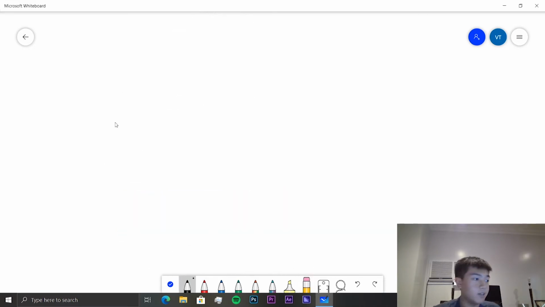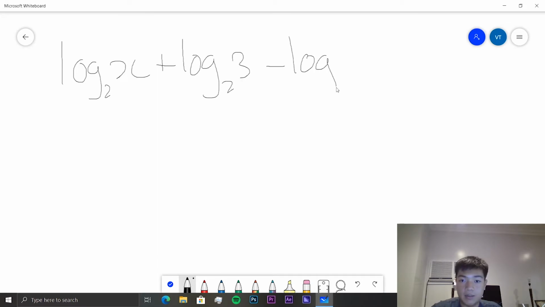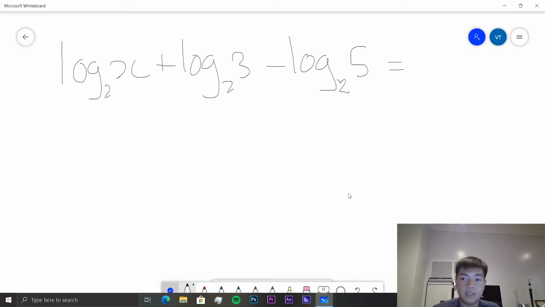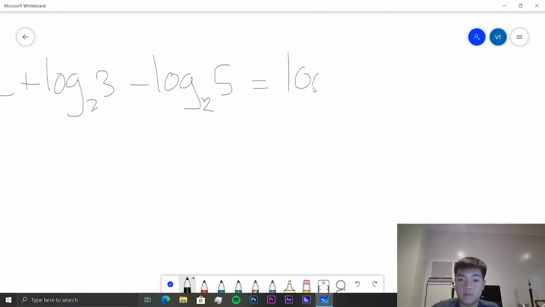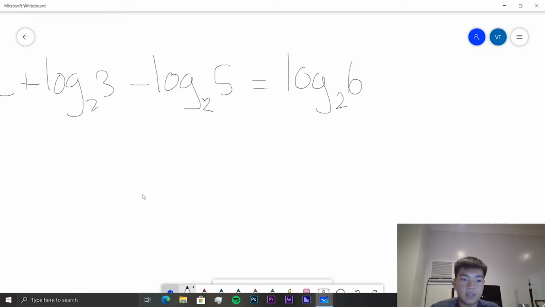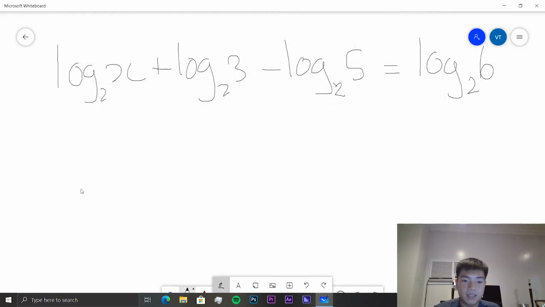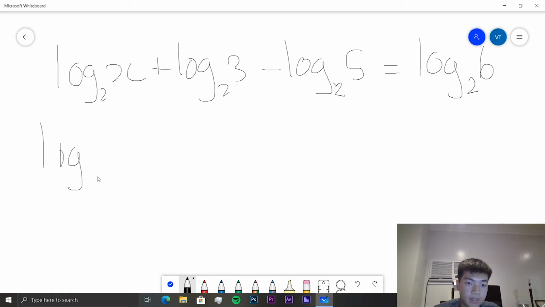We need to solve the following logarithmic equation. Log base 2 of x plus log base 2 of 3 minus log base 2 of 5 is equal to log base 2 of 6. We can do this by simply adding up all the logs. So we get log base 2 of 3x over 5 minus 6, so that's 30, is equal to 0.